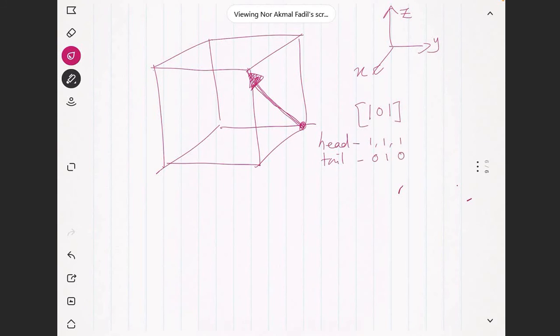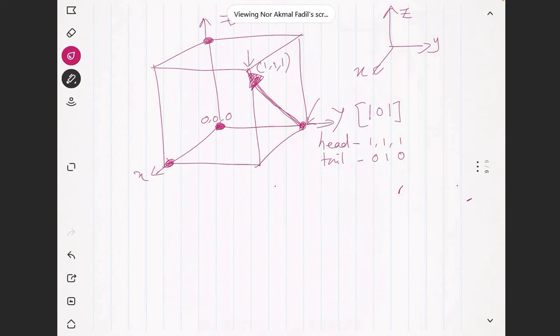0, 1, 0. So first, remember you always define the axis for x, y, and z. So this is 0, 0, 0 here. From here to here is 1 for the y axis. From here to here is 1 for the x, and from the center to the top is 1 for the z direction. The head of this direction is actually 1, 1, 1.